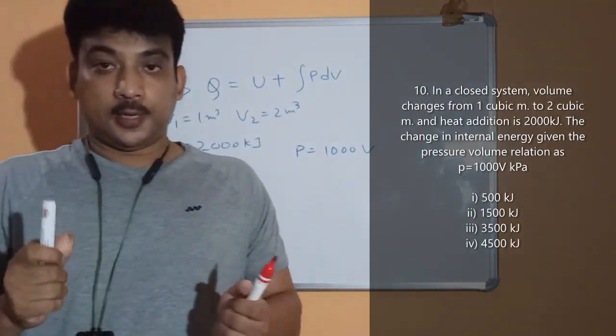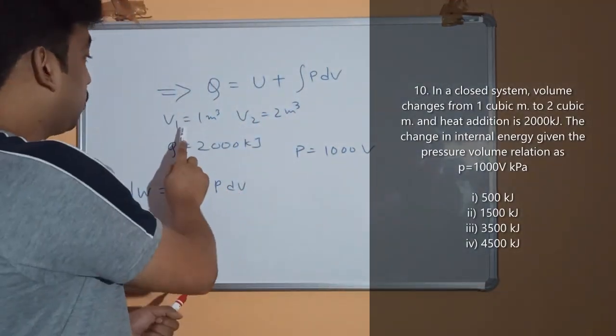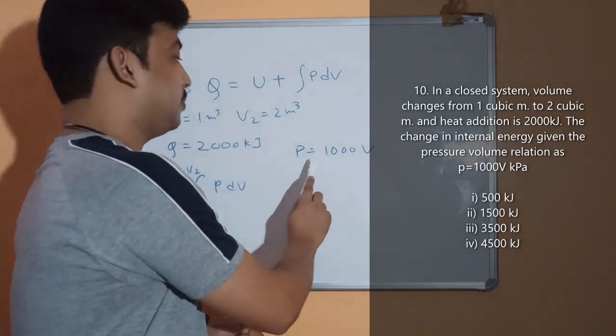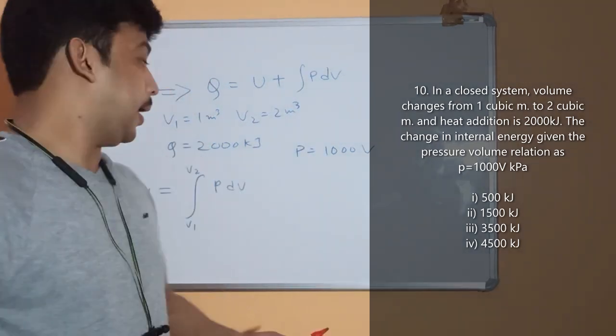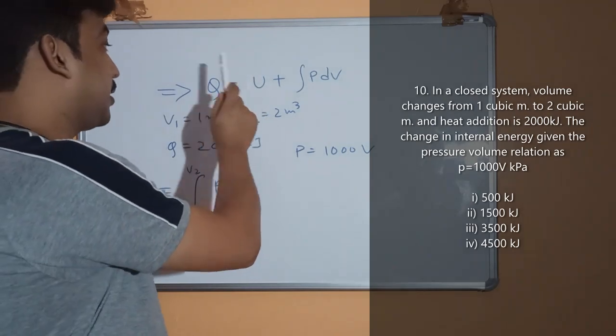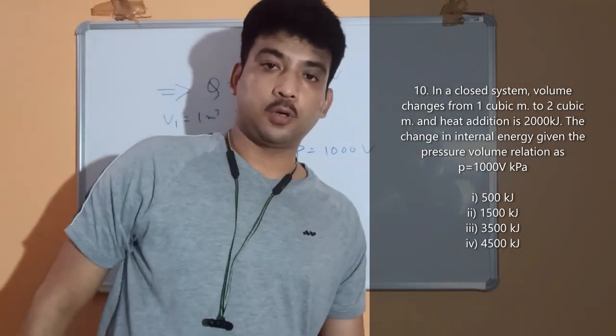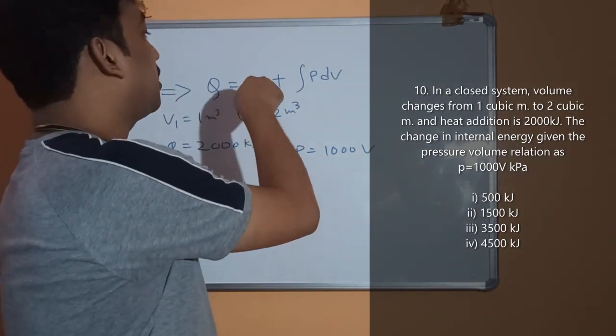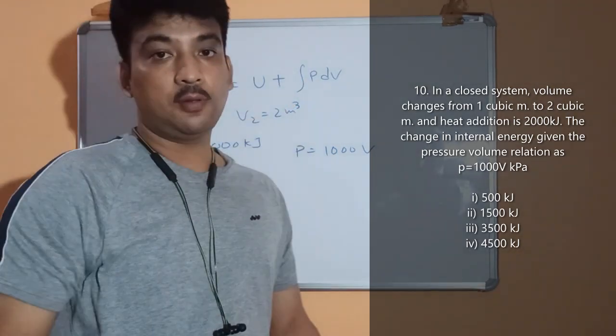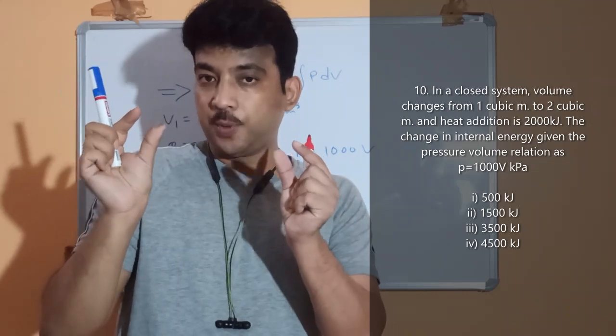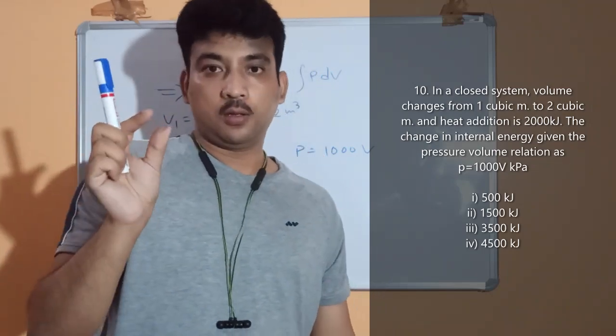So it says that the volume changes from 1 meter cube to 2 meter cube. The relationship between pressure and volume is given, and we have to find out the change in internal energy. Q is also given. So for that, first we need to find out the PdV work done. If we write dq equal to du plus PdV, that will give us the work for a small volume change dV.